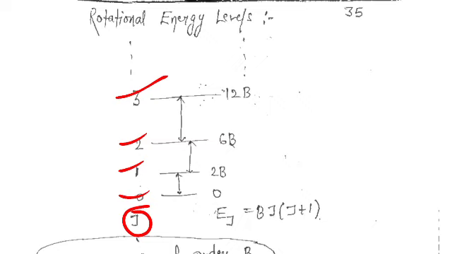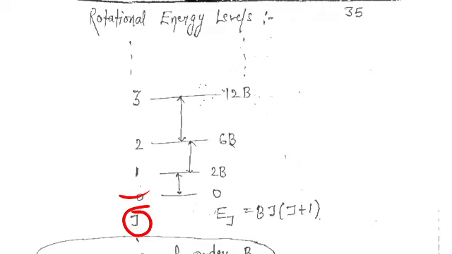Okay, so now you can find out the energies by using this formula. You have to just put the j value: for this you put j equals 1, for this j equals 2, for this you put the j value as 3. So you will get that this energy difference is 2B, this energy difference is 4B, and this energy difference is 6B, and so on.